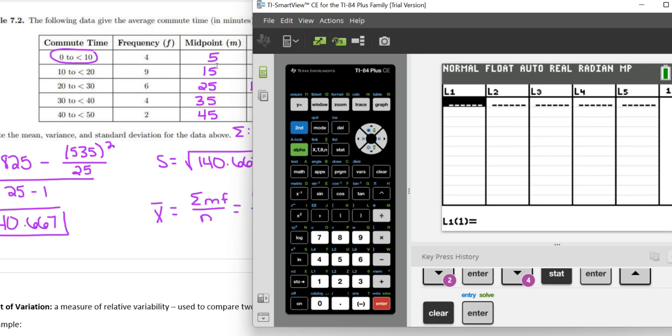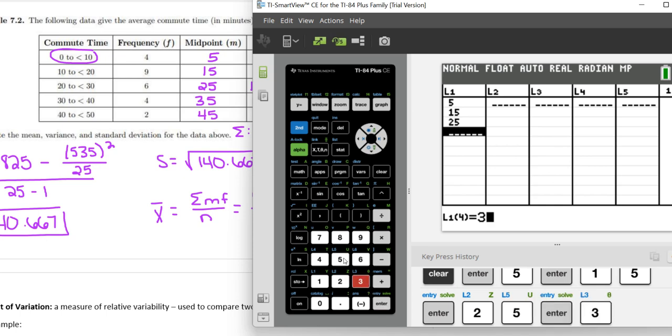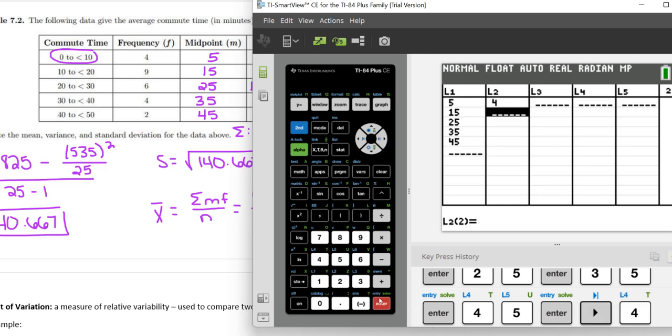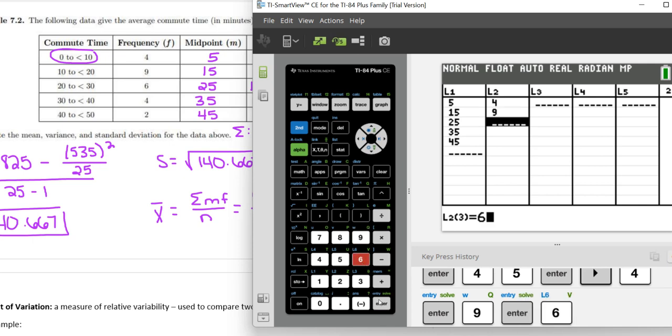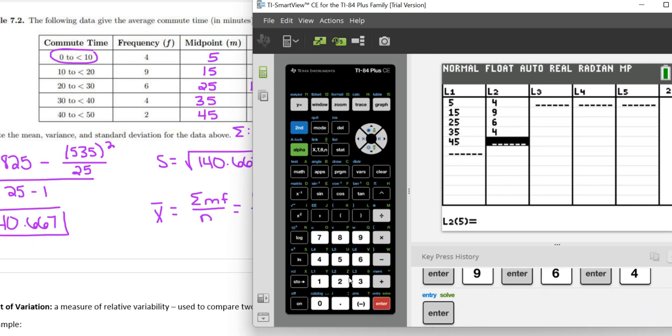So L1 will be my midpoints. So 5, 15, 25, 35, and 45. And then I'm just going to go to the right, and then I'll put my frequencies. So 4, 9, 6, 4, and 2.